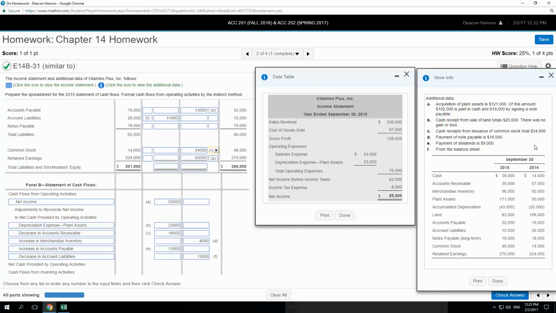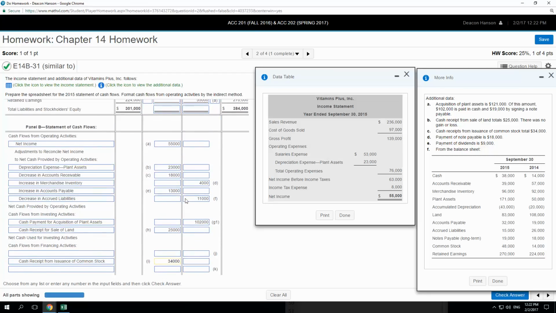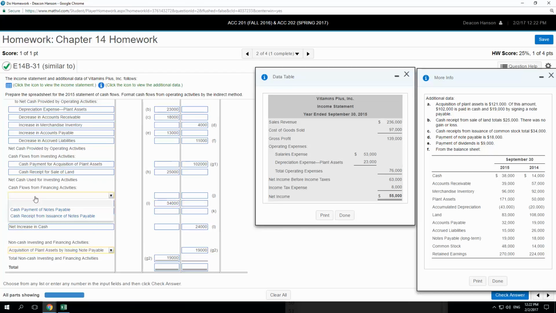Now what else happens? Payment of note payable is 18,000. So the note payable gets paid off by 18,000. So we're going to put that in, in the financing section: payment of note payable, 18,000.